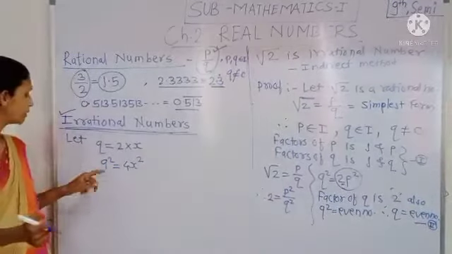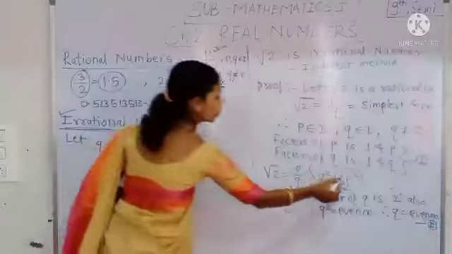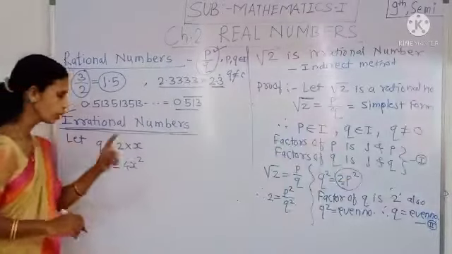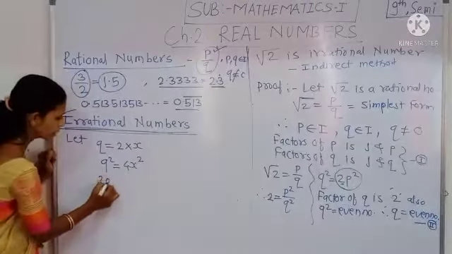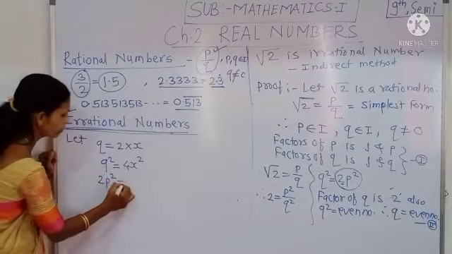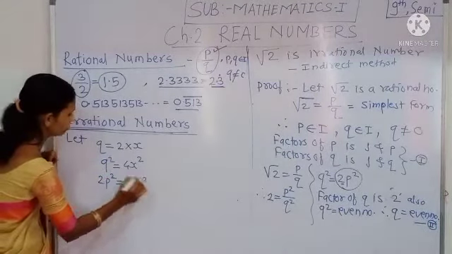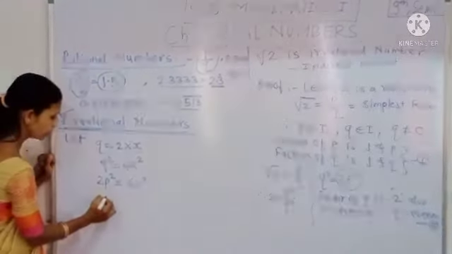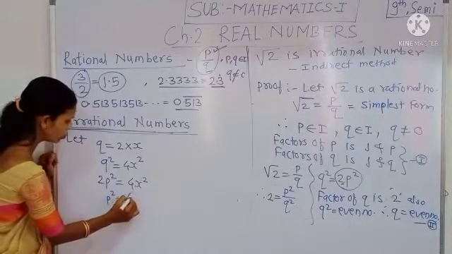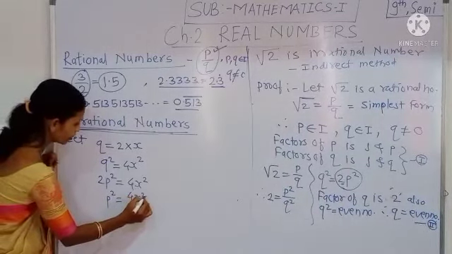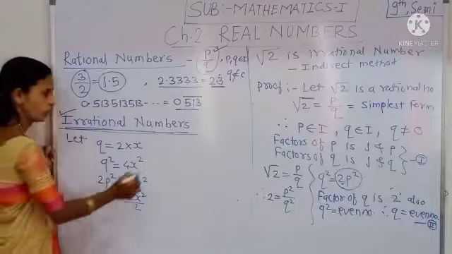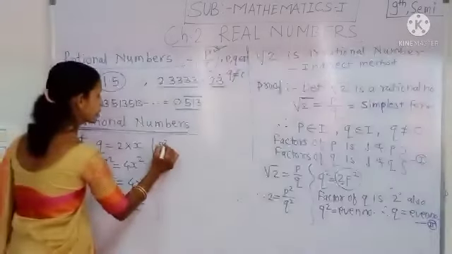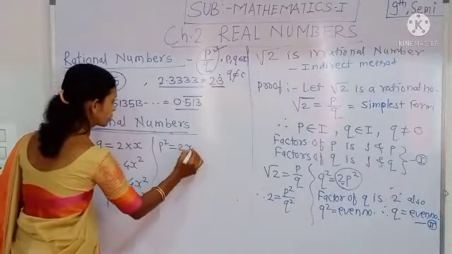But we know that Q square is 2P square. Therefore, here 2P square is equal to 4x square, and therefore P square is equal to 4x square upon 2. Therefore, P square is equal to 2x square.